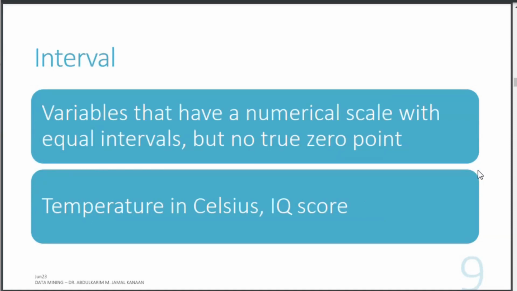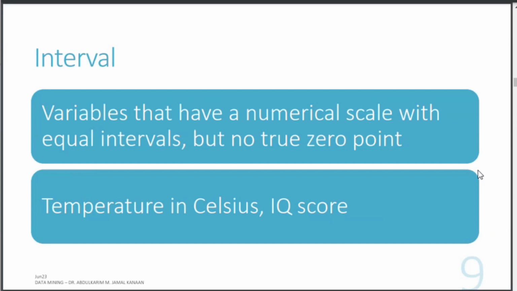Interval is the next type. Variables that have a numerical scale. That means they are numbers, values, okay? They are real values, real numbers, with equal interval, but no true 0 point. What does that mean? Firstly, they are quantitative, means they are numbers. Like, for example, temperature in Celsius.